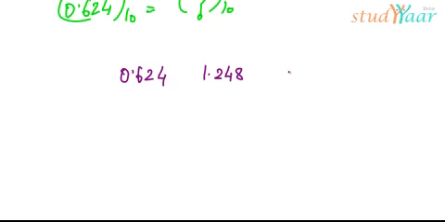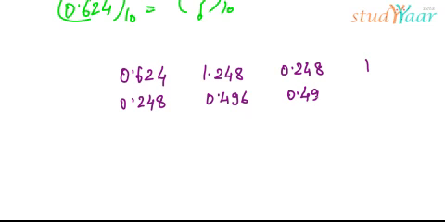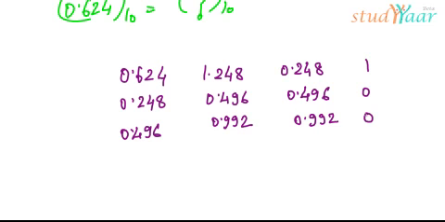My fractional part is 0.248, my integral part is 1. Again, I write the fractional part, multiply it by 2. I get 0.496, fractional part 0.496, integral part 0. I take my fractional part, multiply by 2, and I get 0.992. My fractional part is 992, my integral part is 0.